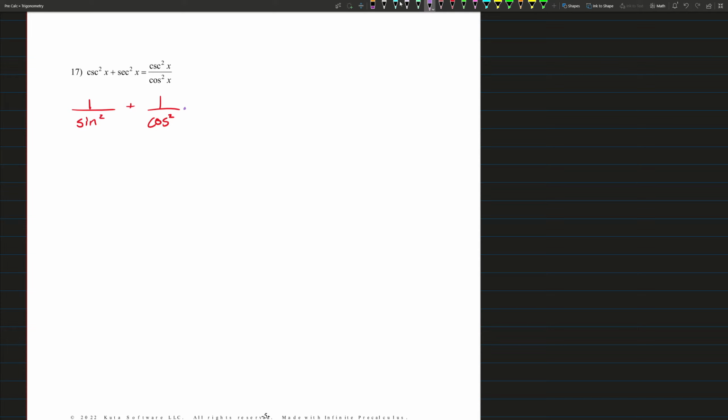So we need to multiply the right by sine squared over sine squared, and the left by cosine squared over cosine squared. When we do this, we get cosine squared over cosine squared sine squared plus sine squared over cosine squared sine squared.